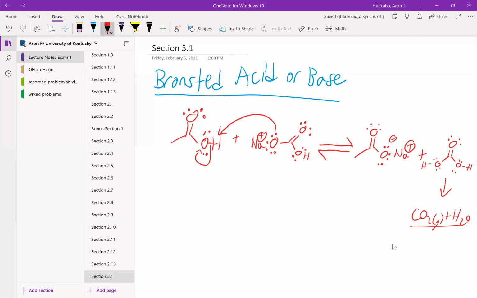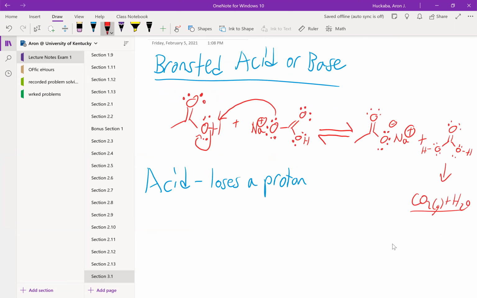So in this reaction, where we make a volcano, there is an acid and there is a base. The acid is the molecule that loses a proton. And the language here I'm using is loses, but sometimes you could also say the one that gives a proton. Either way.